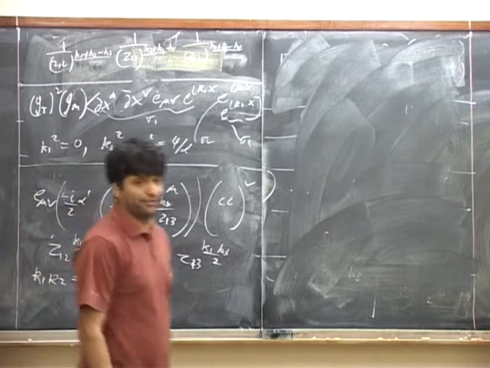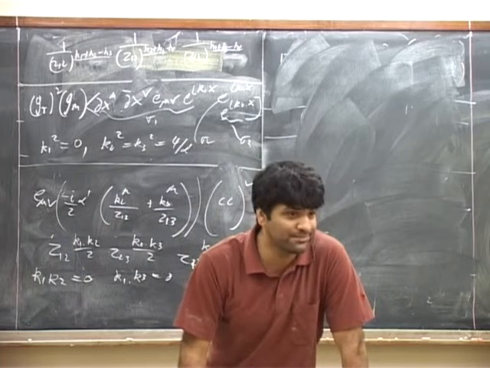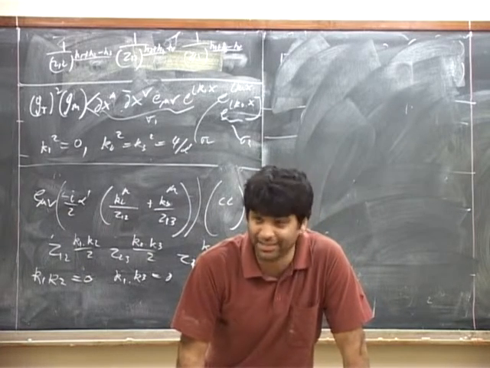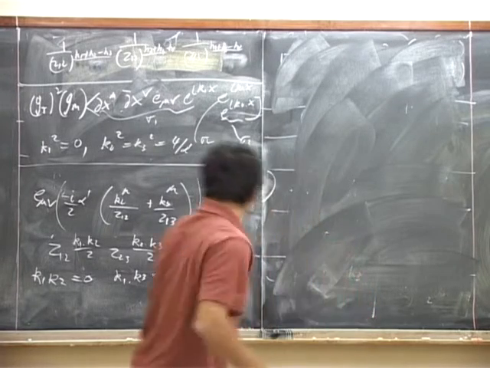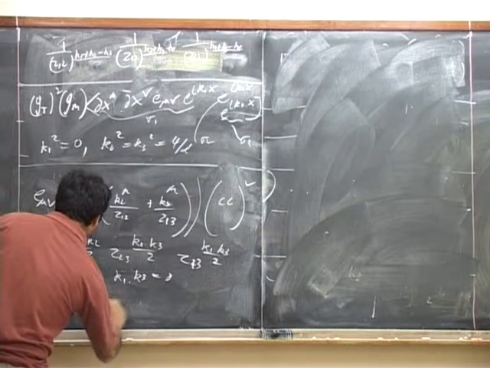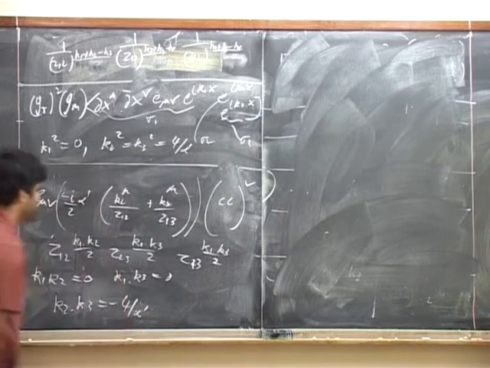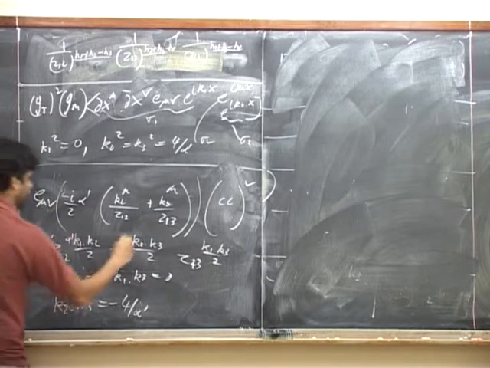However, what about k2 dot k3? k2 dot k3 is k1 squared, which is 0, minus k2 squared minus k3 squared, each of which are 4 over alpha prime, divided by 2. So k2 dot k3 is equal to minus 4 over alpha prime. I forgot to put the alpha prime.